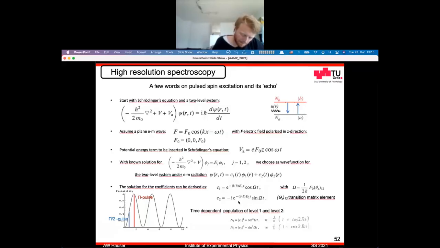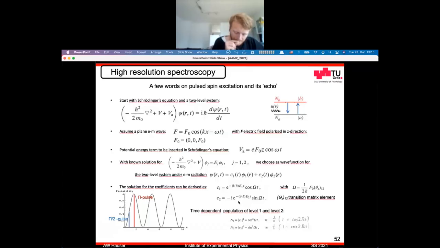If I go for a pi pulse, in terms of angle, it is omega t, right? If I go for a pi pulse, then I'm reaching a total inversion. If it was in the ground state, I would get everything in the excited state and the other way around. And for a pi half pulse, I'm exactly in between.